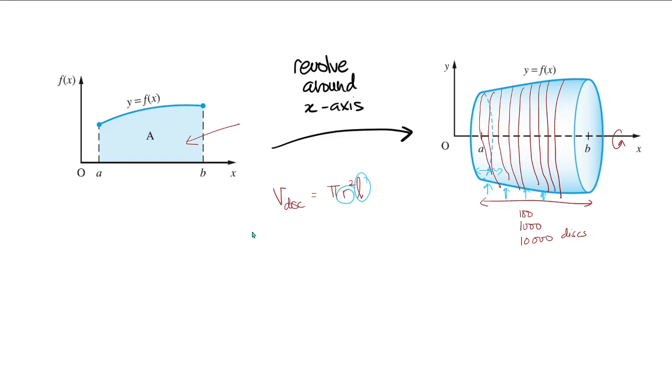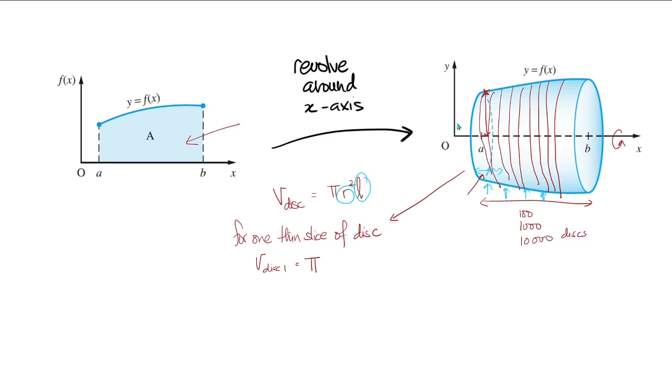So for one thin slice of disk, let's say disk 1 here. So we know it's pi. So what is R? R is basically the distance of this point here to the x-axis.